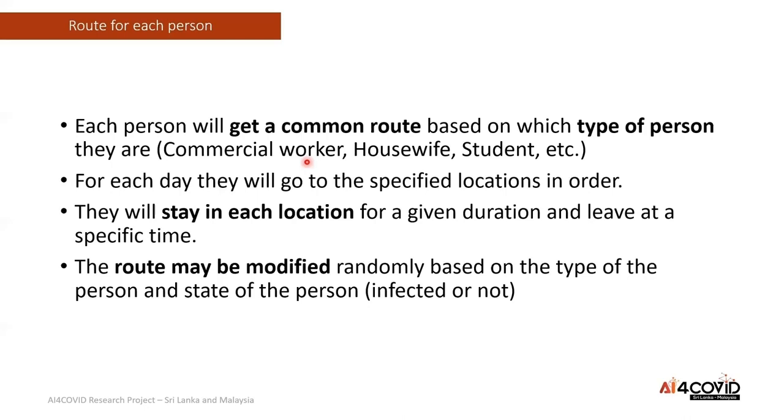So what we did was, at the beginning of the day, for every person we will get a different daily routine, and they will go to each of these locations, and they will stay for the given period of time, and they will leave to the next location of the routine, and like that they will complete this daily routine, and we will see whether their motion reflects a realistic person's daily routine.